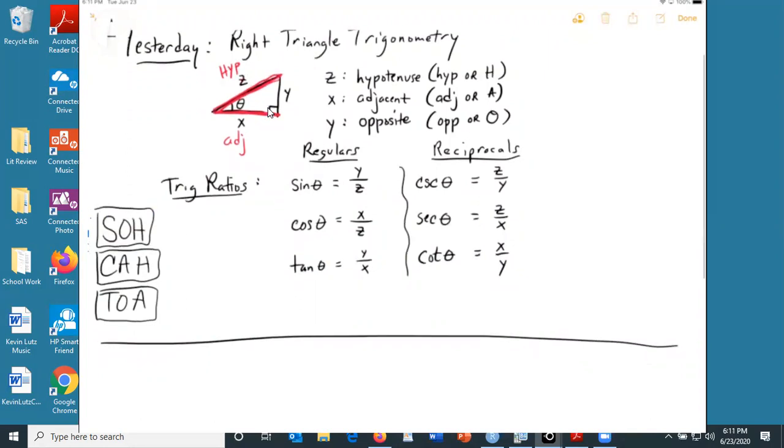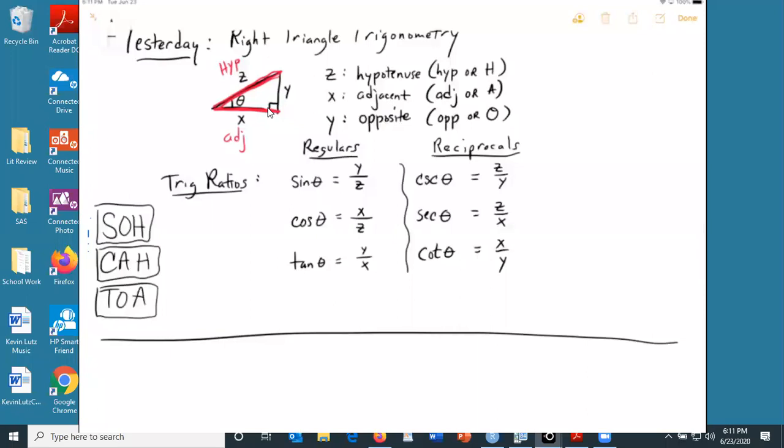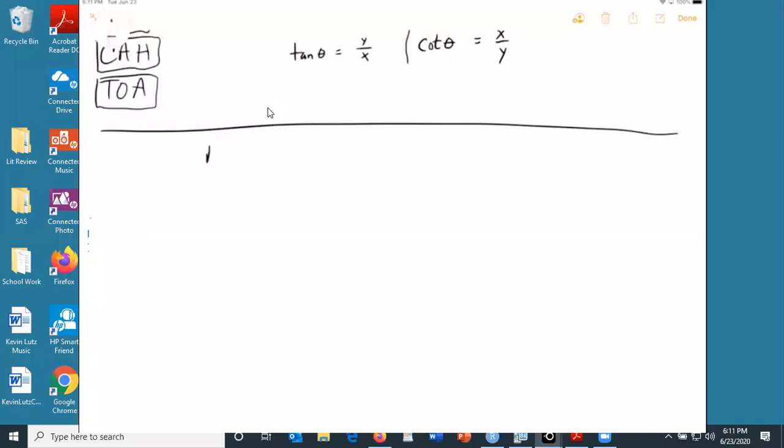So since not every triangle is a right triangle, our focus for today will be on non-right triangles. Now, non-right is sometimes referred to as oblique. So we'll be looking at how to solve for sides and angles of non-right triangles.